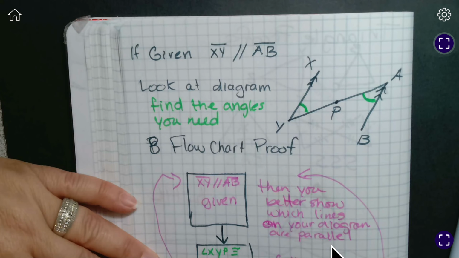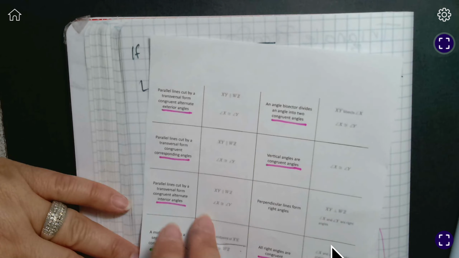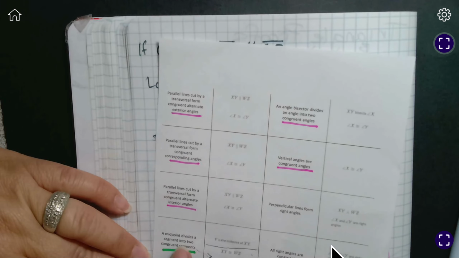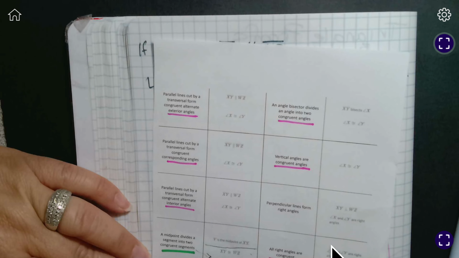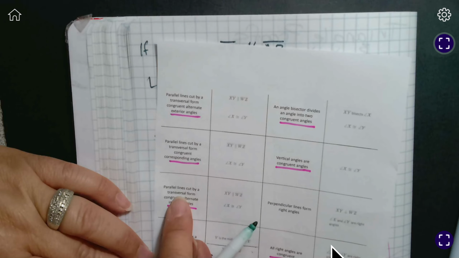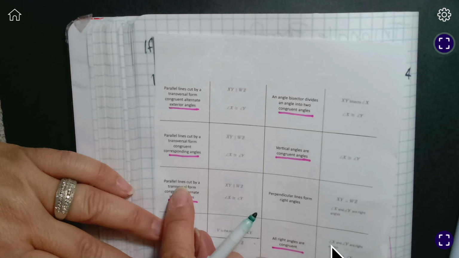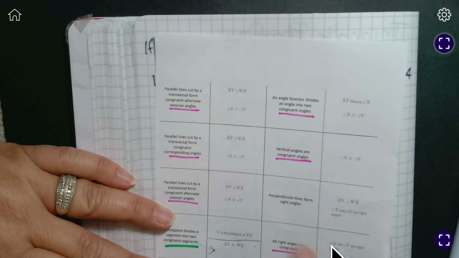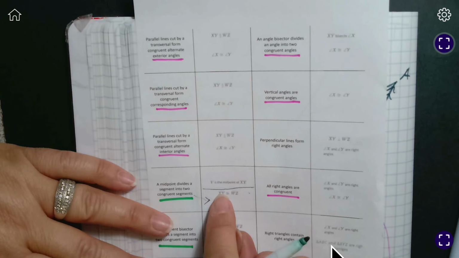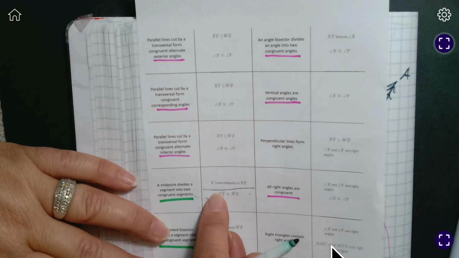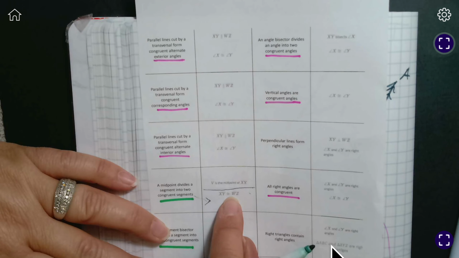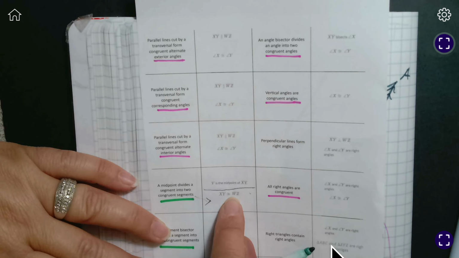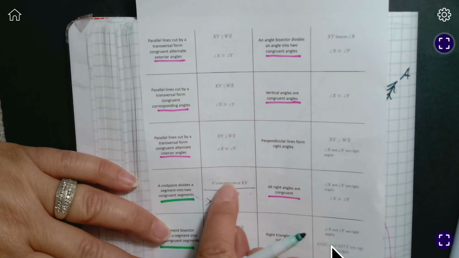So all of these here work the same way. If you're using this as your reason to get this, then above it you better have that. So if you're going to use that there's these two parts that are congruent because you figured that out because of a midpoint thing, then in the box above you better say where your midpoint is.